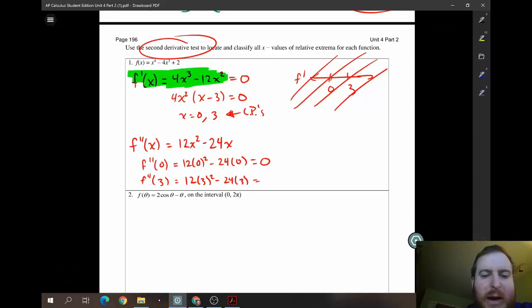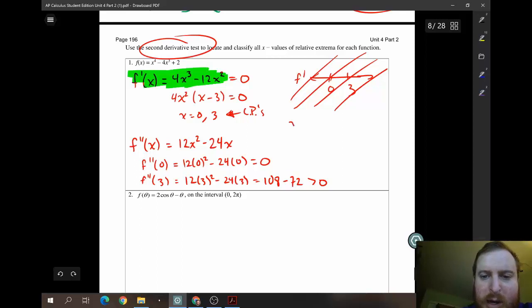It doesn't even matter what number it is. It just matters if it's greater than 0 or less than 0. But if you want to actually plug it in, you can. So 12 times 9 is 108, and then minus 24 times 3 is 72. I don't care what the number is, I just care that it's greater than 0.